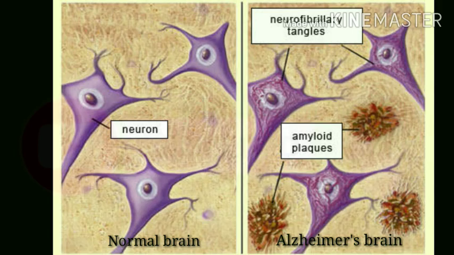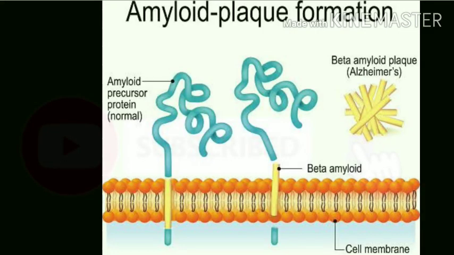How are the senile plaques formed? Let us see it. In Alzheimer's disease, accumulation of amyloid plaques between nerve cells occurs in the brain. Amyloid is a general term for protein fragments that the body produces normally.